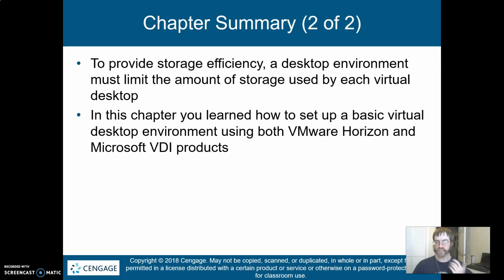We did a basic desktop infrastructure for both Horizon and VDI. You'll do much the same things on both. You have to tie your connection server to the rest of your system. Tie your Horizon server to your vCenter, and to the VMs that they're going to run, to the compute resource that they're going to use.